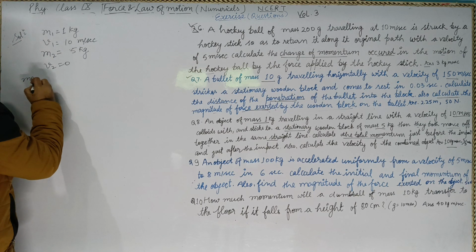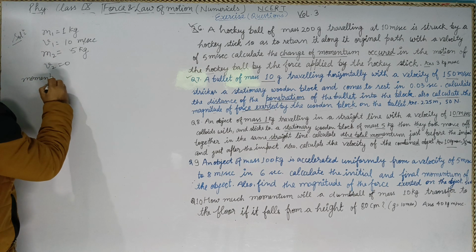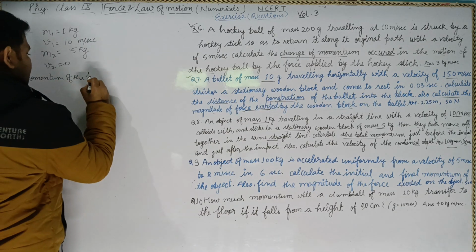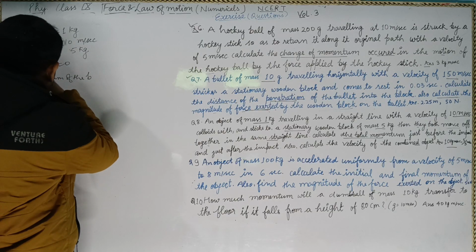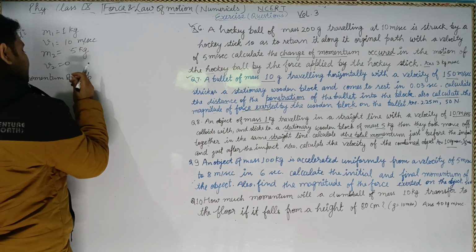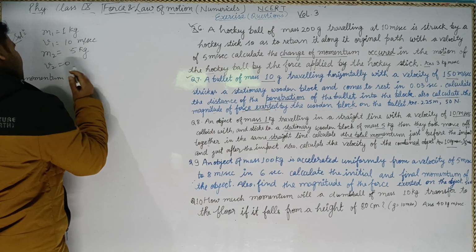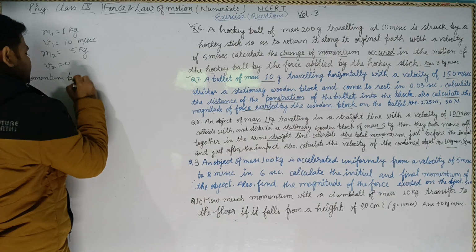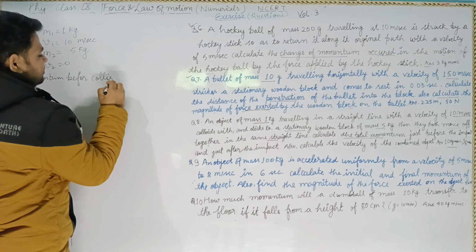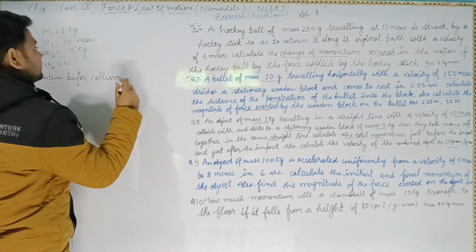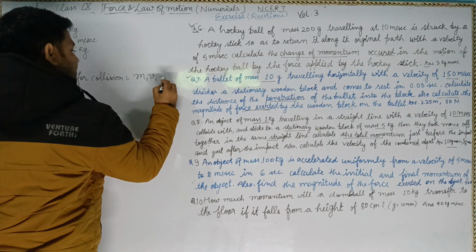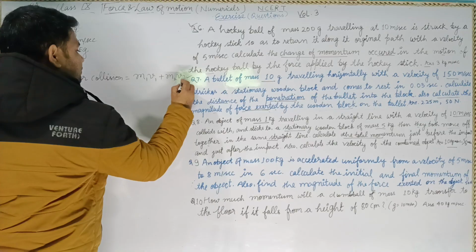So the momentum before collision is m1 v1 plus m2 v2.